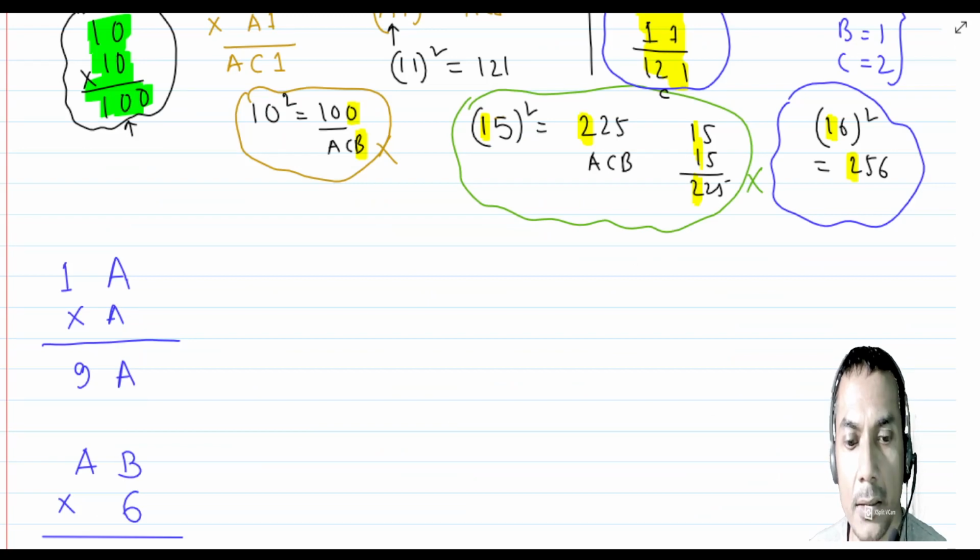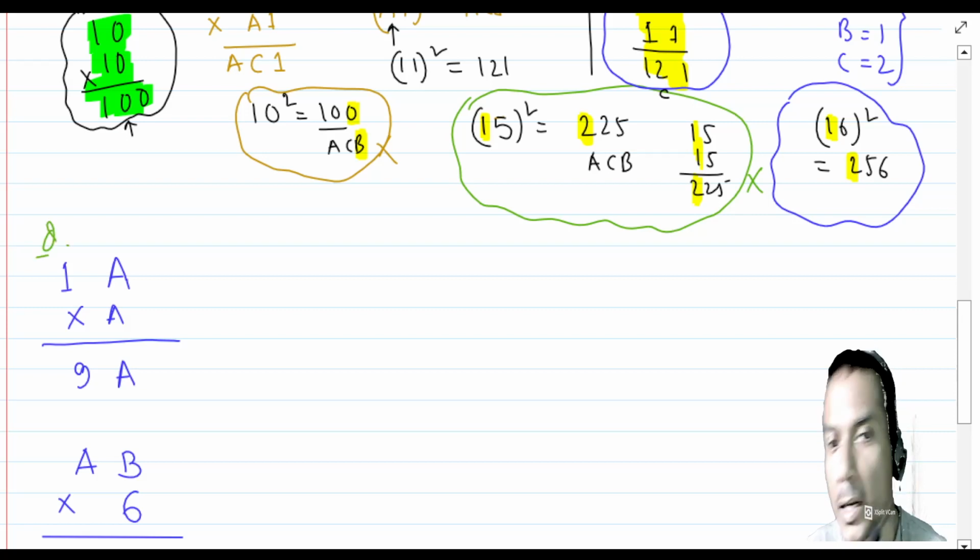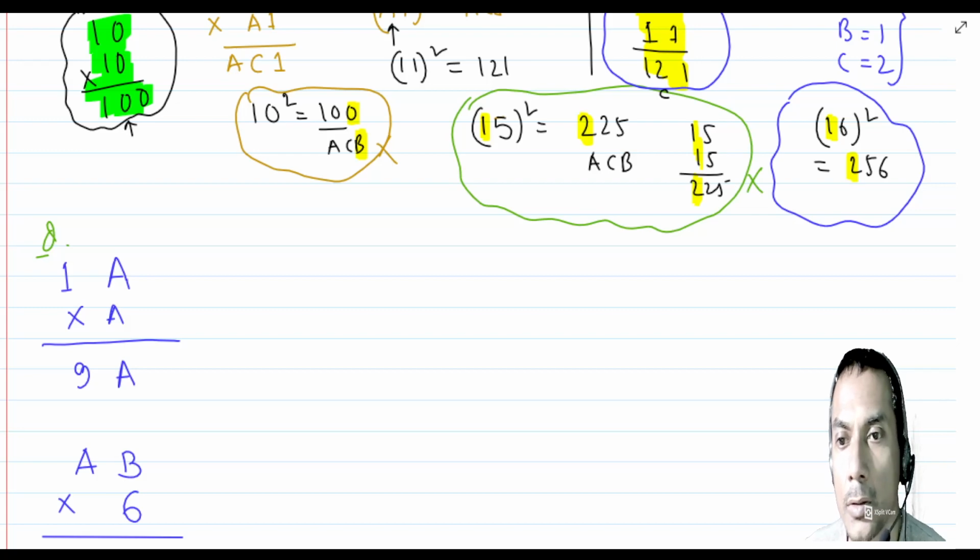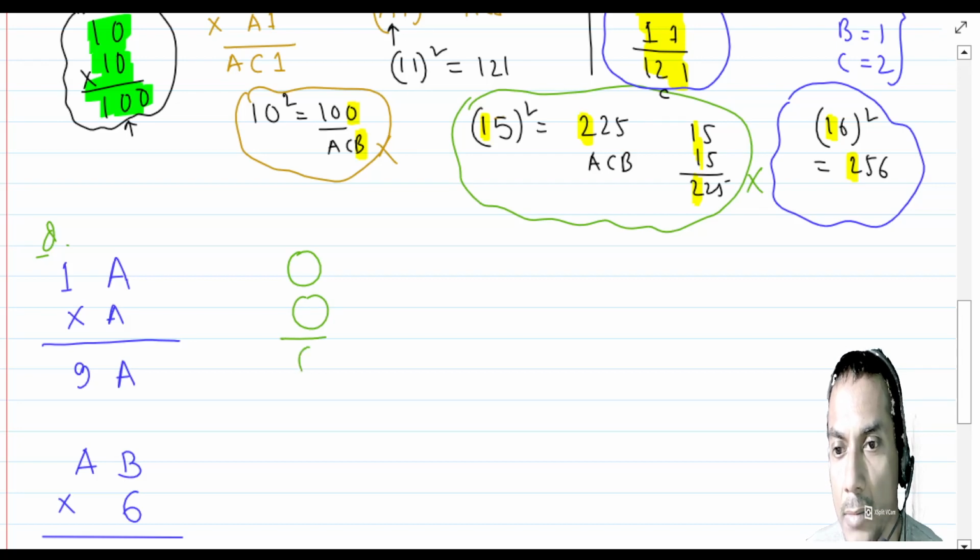Okay, next let us discuss this question. 1A into A is equal to 9A. If I consider the 3 circles here, meaning the same circle, how many possibilities are there?